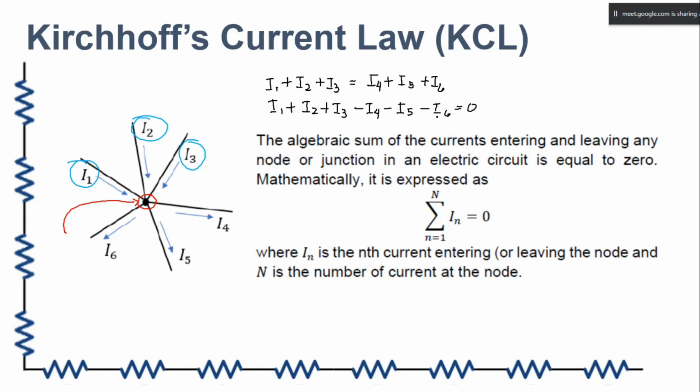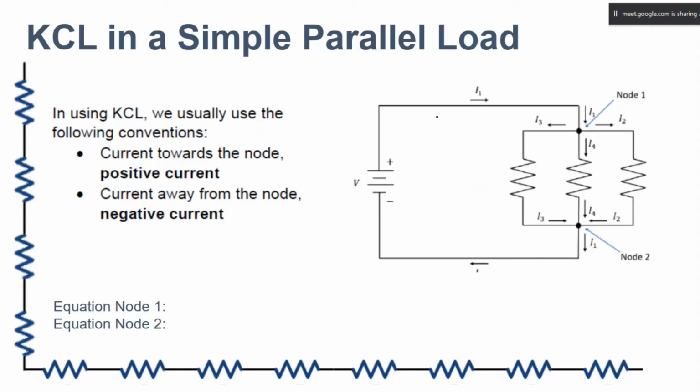And ladies and gentlemen, we have already satisfied the statement: the algebraic sum of the currents entering and leaving any node or junction in an electric circuit is equal to 0. Also remember, according to your SSLM, that we have to use this convention na pag papasok siya sa node, positive ang current. Pag lumabas siya sa node, negative ang current.